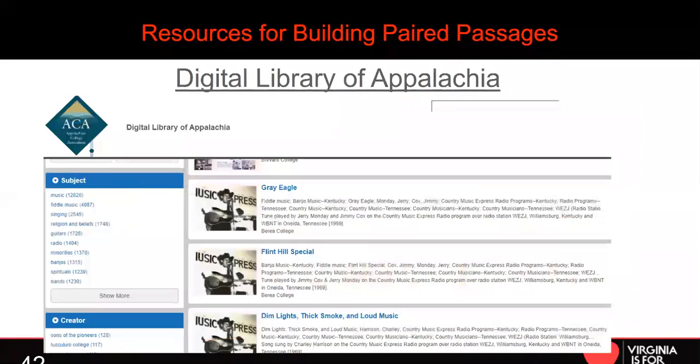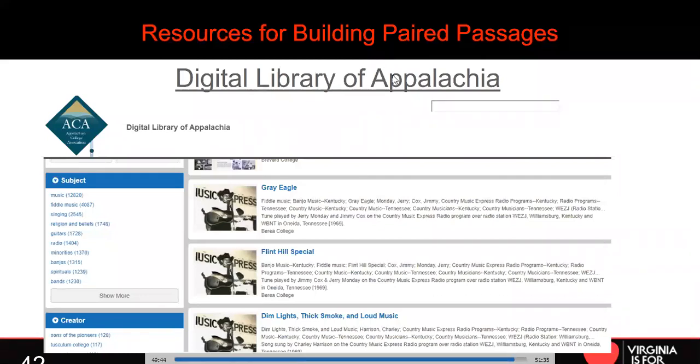And then one more, because I feel like we don't often have chances to highlight resources that are specific to Appalachia. Ferrum University sponsors the Digital Library of Appalachia in partnership with several other university museums. And this is an amazing place to go for images and for music and interviews related to Appalachia.